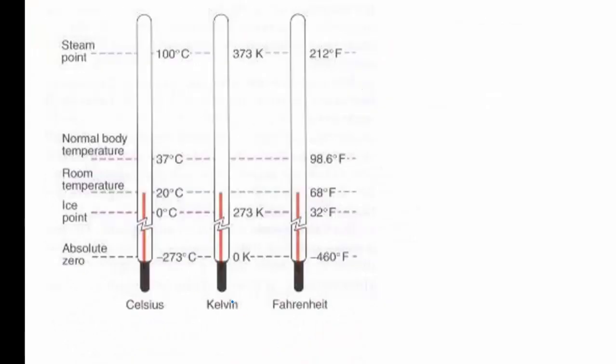Now, if we look at the temperature scale here, let's compare the two famous scales, the Fahrenheit and Celsius, and let's look at the freezing point and the boiling point of water. Notice that in the Celsius scale, the freezing point of water is 0 degrees Celsius, while in Fahrenheit it's 32 Fahrenheit, while the boiling point of water is 100 degrees Celsius, in contrast to 212 Fahrenheit.